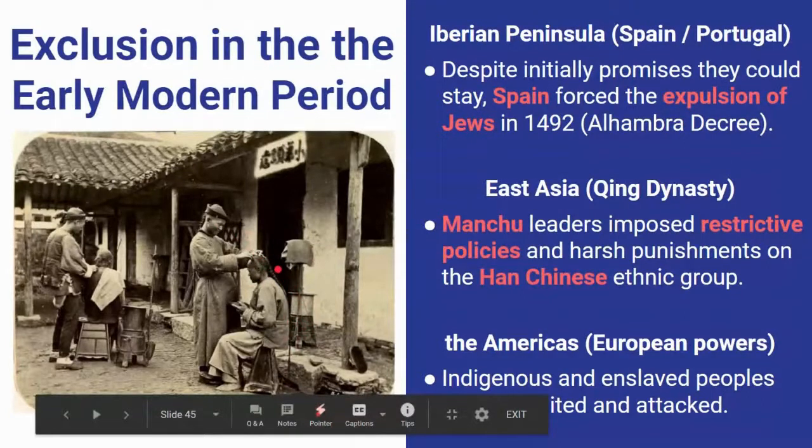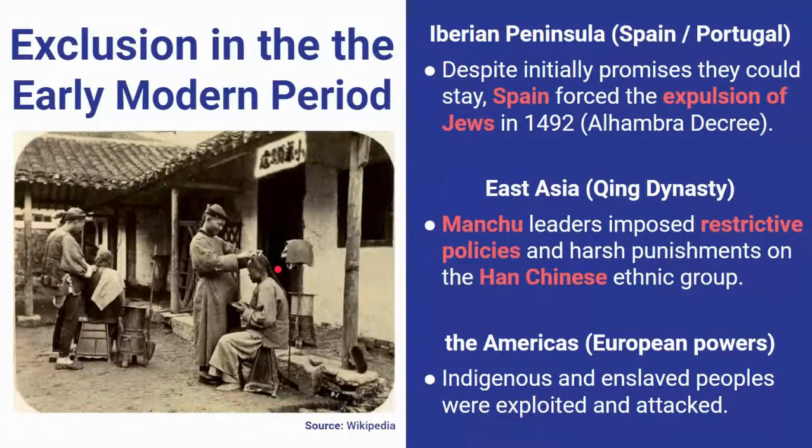That was mandatory, and if men didn't do that, they were executed. So that's an example of some of the restrictive policies they put on the Han, with the eventual goal of merging them into their own society and making them not see themselves as different, to get rid of that resentment, if nothing else.